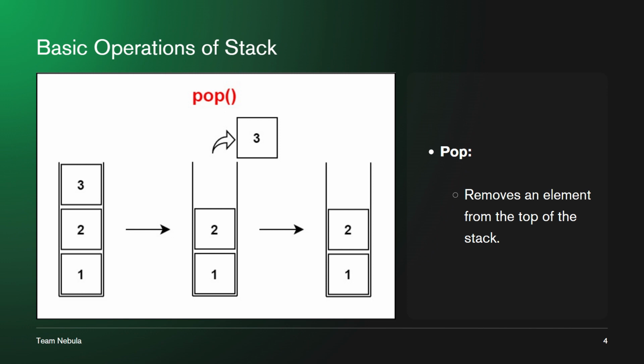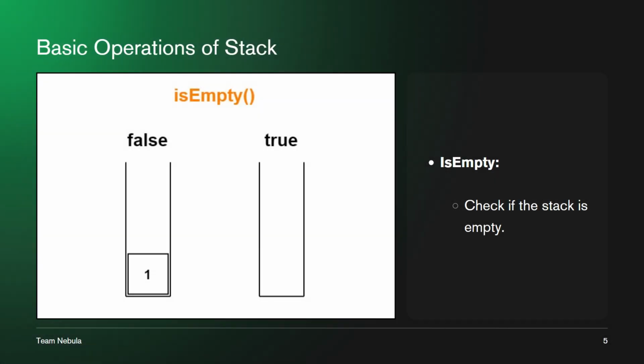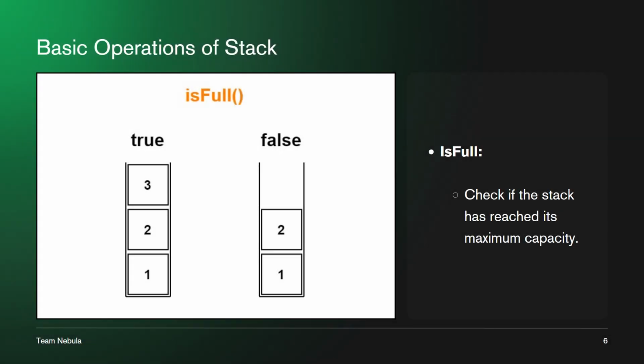This operation removes an element from the top of the stack. Is empty. We can use this operation to check if the stack is empty. Is full. This operation helps us check if the stack has reached its maximum capacity.